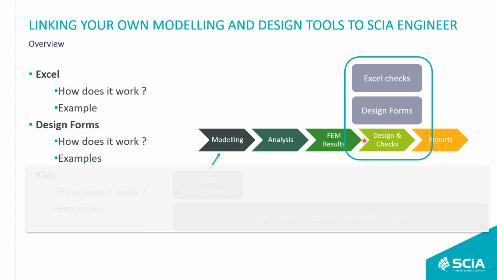Now this part here, design and checks, here you also have the possibility to link your own tools to this part. So instead of using the internal parts of SCIA Engineer, you can also link your own Excel check to SCIA Engineer, read the results from the calculation, do your calculation, and then visualize the result and do the reporting with your Excel calculation.